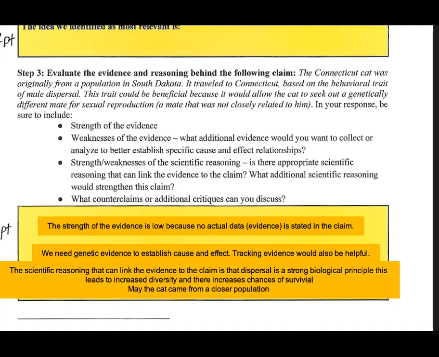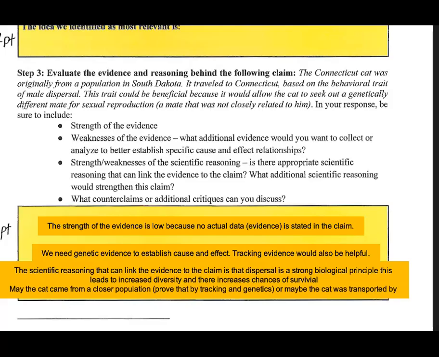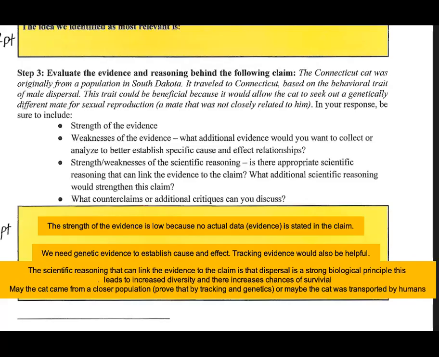So we would have to prove that by tracking and genetics, the same thing that we're using. Or maybe the cat was transported by humans. So that's another possibility. Okay, so make sure you get that down.